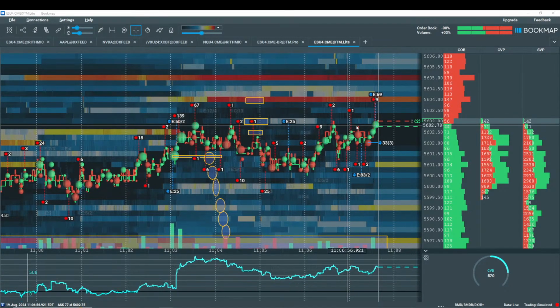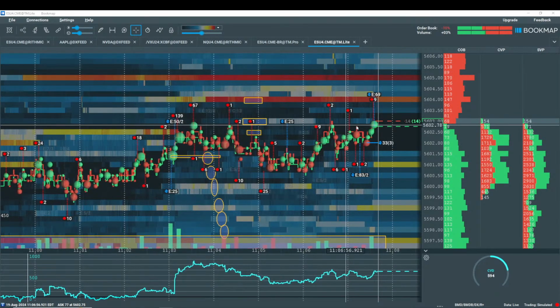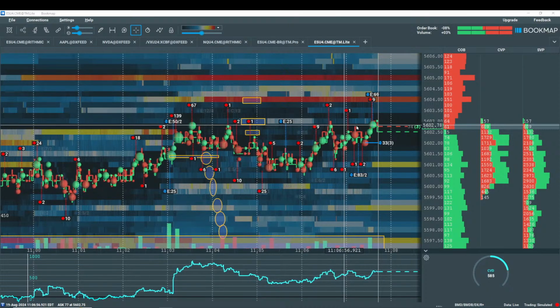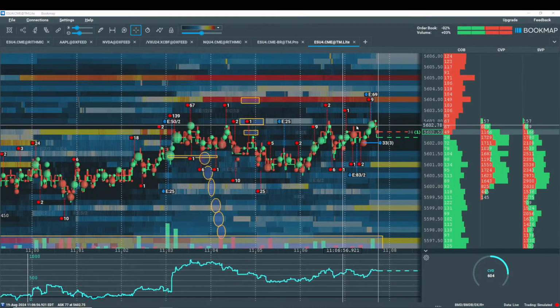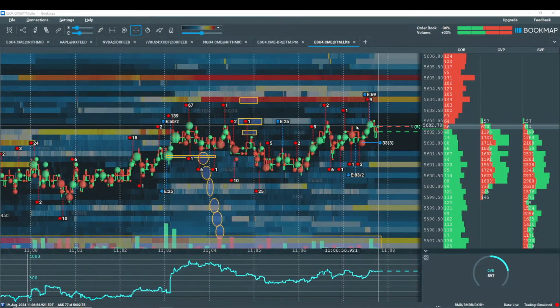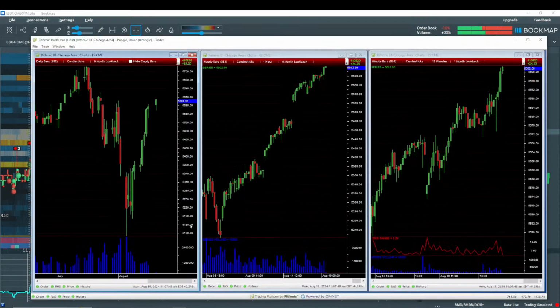Looking for some options levels there. Slow down, 0 DTE. Okay. 09 and 14. Yeah, 14 kind of rings a bell here, I think. Is it up here?